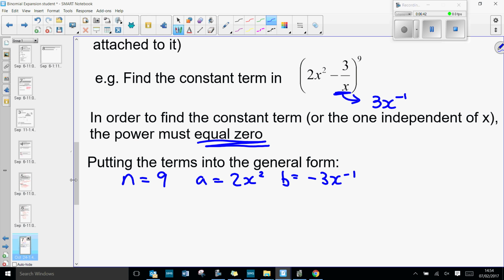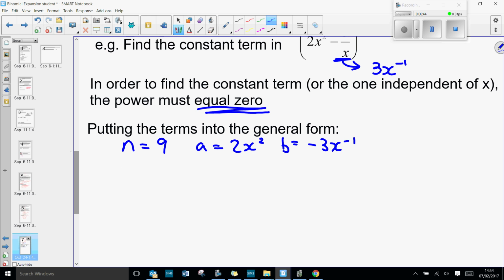Sticking those into our formula, we've got 9 C r, 2x squared to the 9 minus r, negative 3x to the negative 1 to the r.